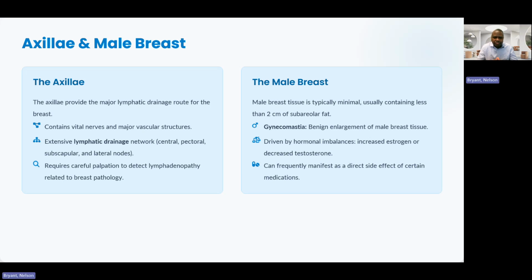It can be purely physiologic, or it may be related to some medications that patients take. It can also be linked to liver disease or hormonal imbalance that may require clinical workup beyond what we may call physiologic.